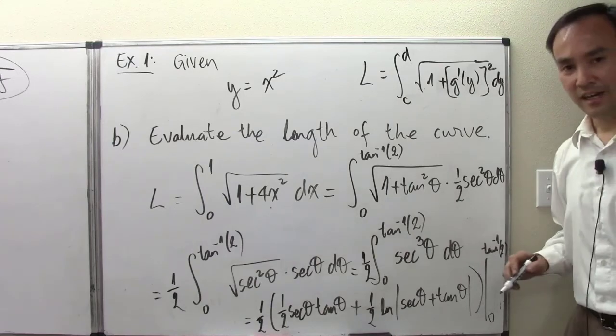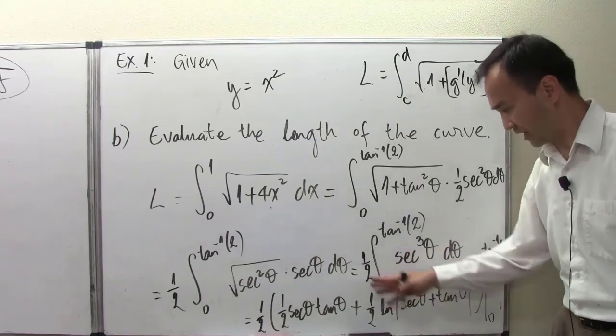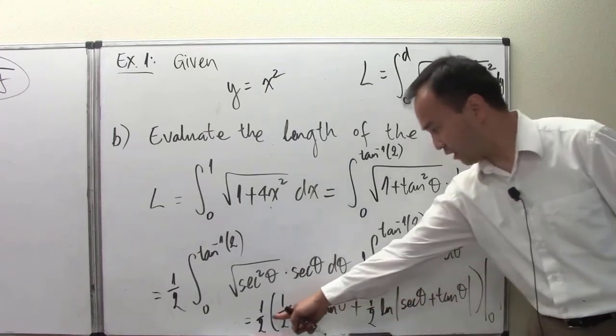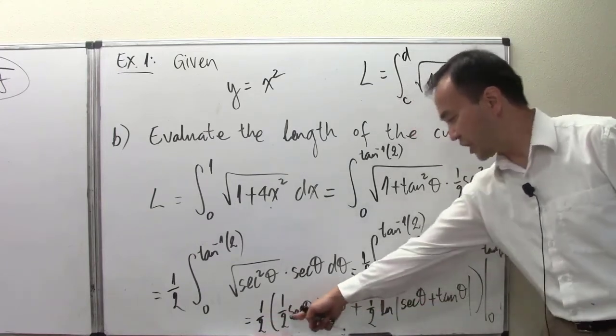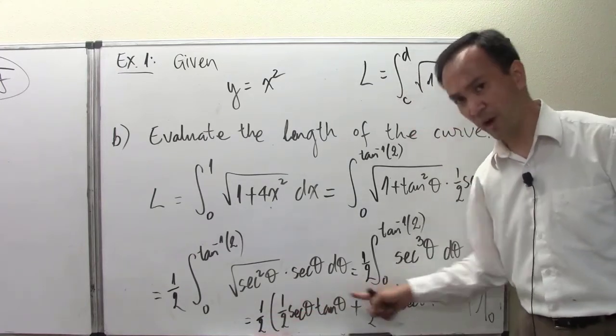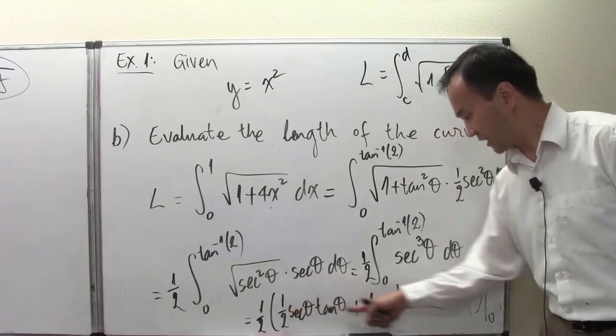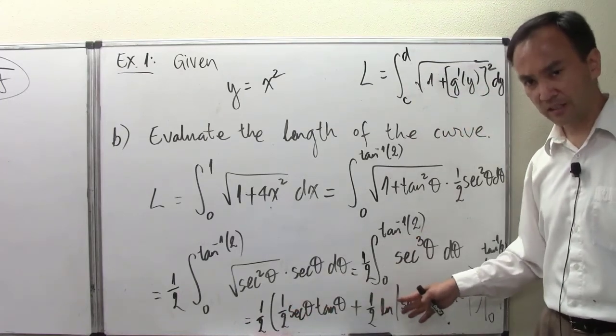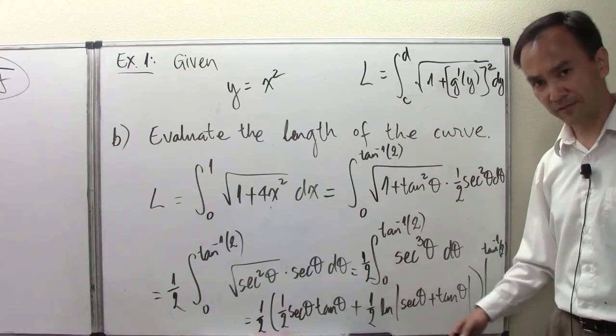This antiderivative, we're also going to multiply that 1/2 to each of these terms, which was already 1/2. And so now that's a 1/4 there, and so I'm going to step over to my computer station to grab the final answer for this.